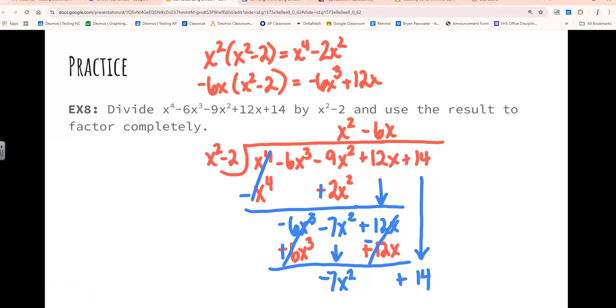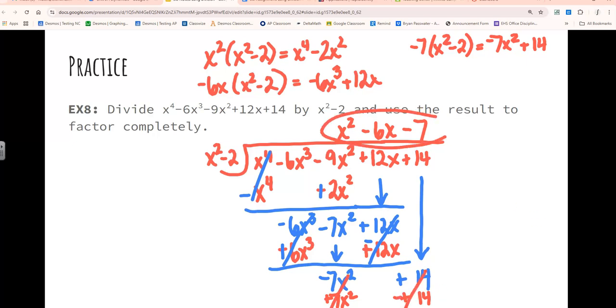And so we've got to do what times x squared would give us negative 7x squared. That's a minus 7. So we got negative 7 times x squared minus 2. And we get negative 7x squared plus 14. This one, what's going to happen now when I subtract? They both cancel. And so we have a remainder of 0. So there's our answer.